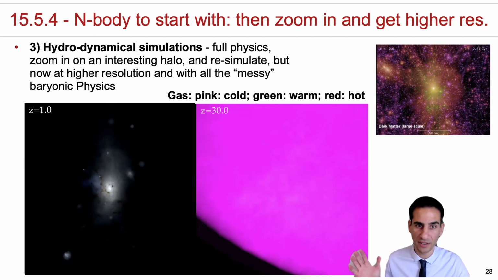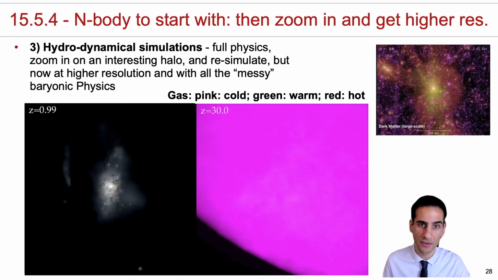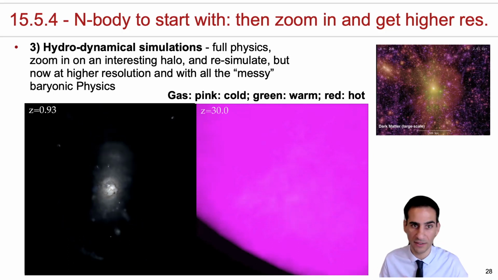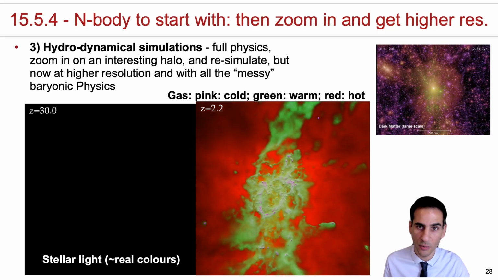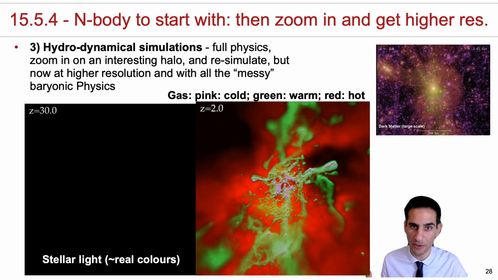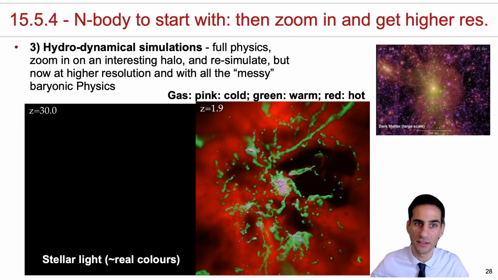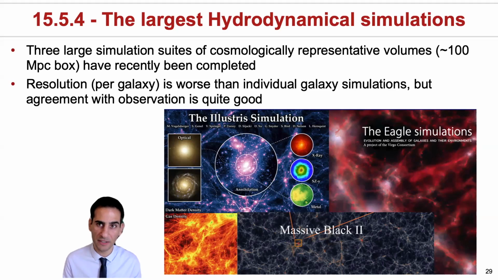And what you can see here is what happens to the stars and the starlight on the left, and on the right, you can see what is happening to the gas, with different colors meaning different temperatures that can be traced in these simulations.